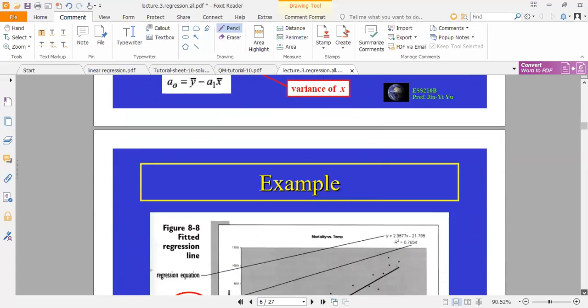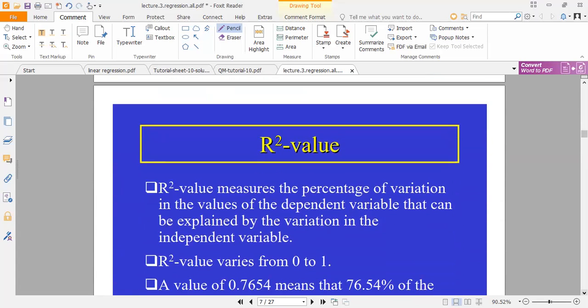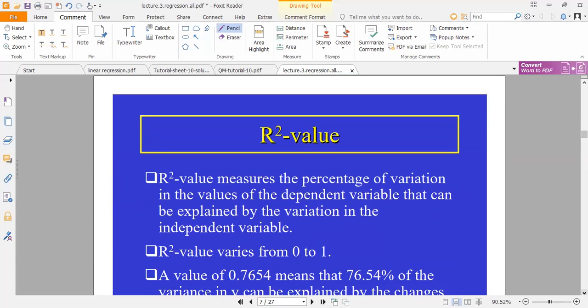So we have the correlation coefficient and the coefficient of determination. R squared is the coefficient of determination, which measures the percentage of the variation in the values of the dependent variable that can be explained by the variation in the independent variable.